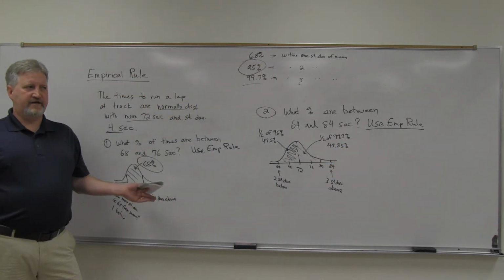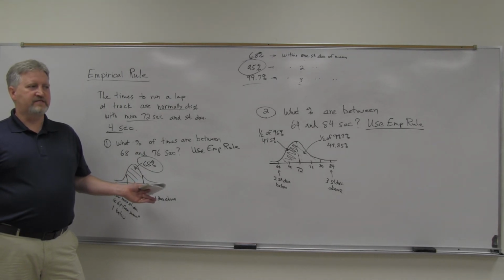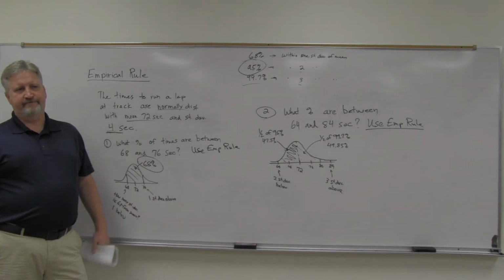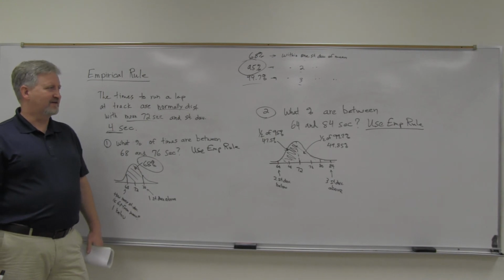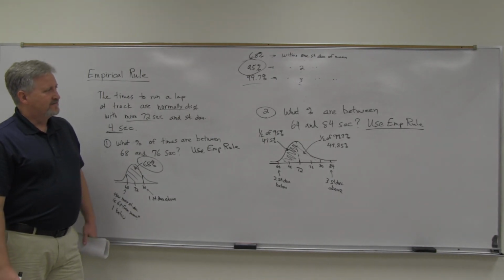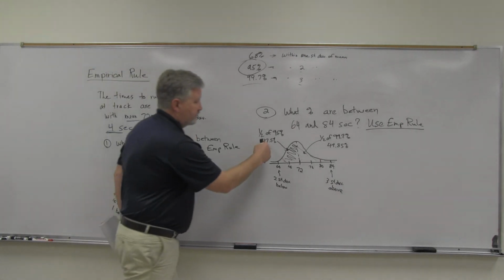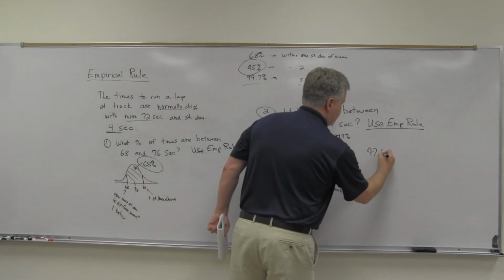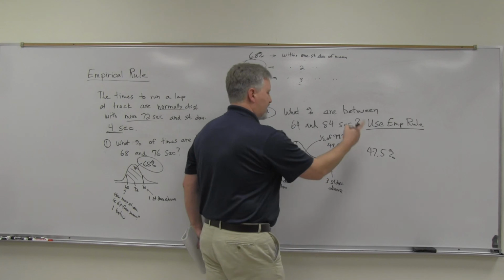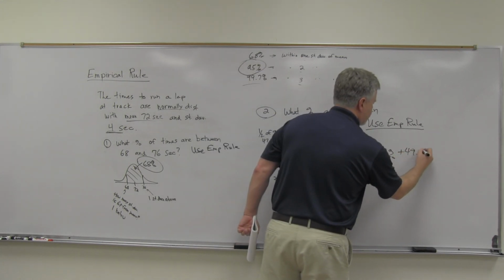So if you understand what you're finding with these, it's very helpful, especially when we get to the next ones here. But all right, so what percentage are between? Well, I've got 47.5% on this side. I've got 49.85 on this side.